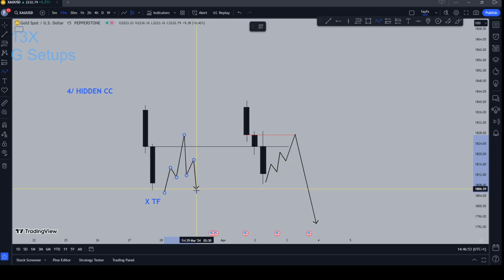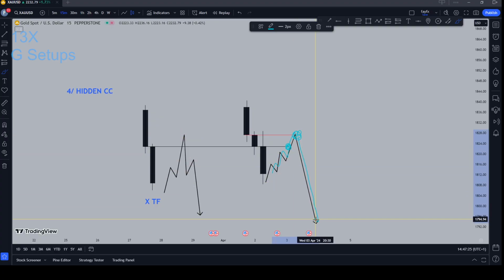But in reality, price came up, ignored that gap level to reach this gap CC to continue the move down. That's what we call hidden CC. Price here will come up, ignore the main gap level to go up and reach the CC that was formed before, and continue the move down.